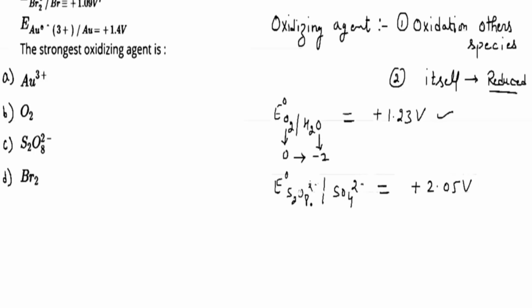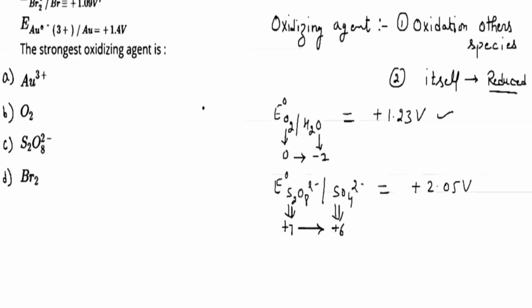This is the reduction potential, because here the sulfur has oxidation number +7, and here it is +6. You can see the decrease in oxidation number, which means reduction is taking place. That means this species also acts as an oxidizing agent.